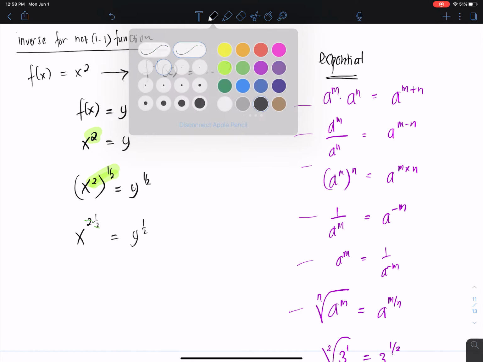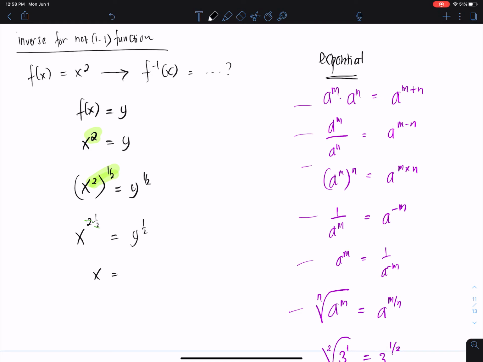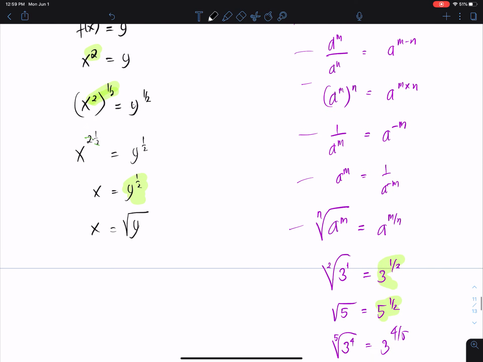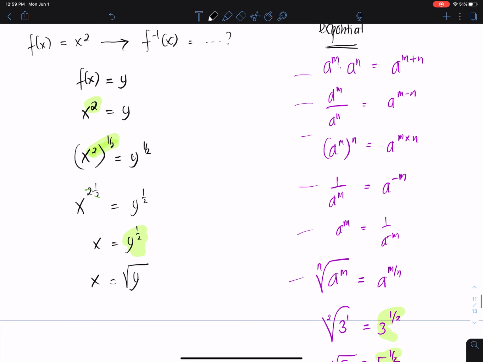So we now have x equal to y to the power of 1 over 2, which is just the same as what we already saw in the examples here, that will be the square root, right? So x equals square root of y. We finish the separation, making x individual or single.